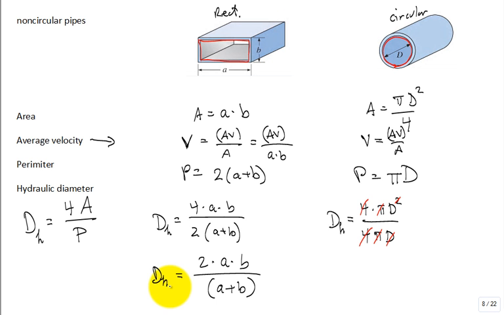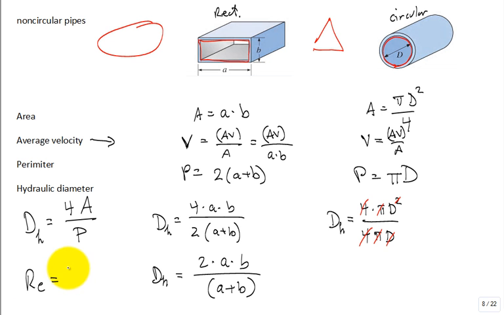Now there's triangular, there's elliptical, there's all kinds of shapes for different cross sections. The book shows a few of them, and it's in Table 8.1. We'll get to that in a minute. But this concept of hydraulic diameter, how would you use it? Well, you would use it to estimate the Reynolds number. If I wanted to get the Reynolds number for flow in this pipe right here, Re, how do I calculate it?